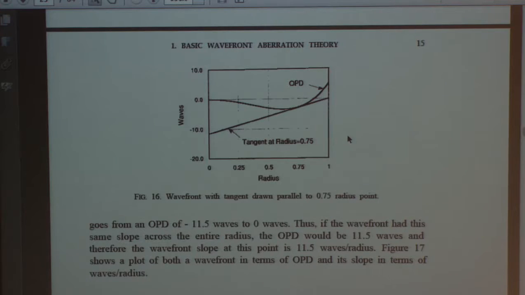And it's kind of confusing to me that the aberration in units of microradians or arcseconds depends upon the size of my image. But if I use these crazy units of waves per radius, it will not change. If I change the size of the beam, the number of waves here will not change.